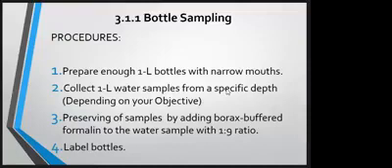That's why we emphasize specific depth. It depends on your objective, because there are zooplankton that can only be seen in the surface area, but other species can only be seen in larger depths, like 100 meters.